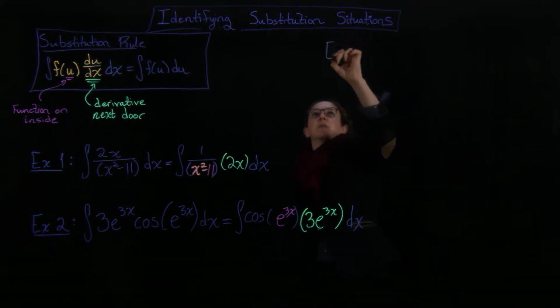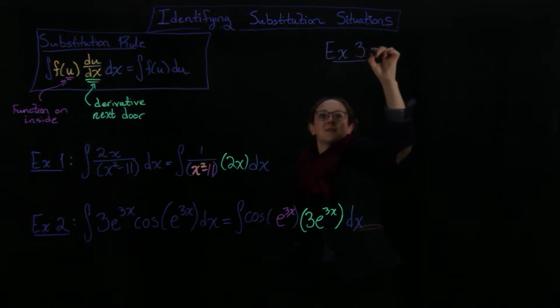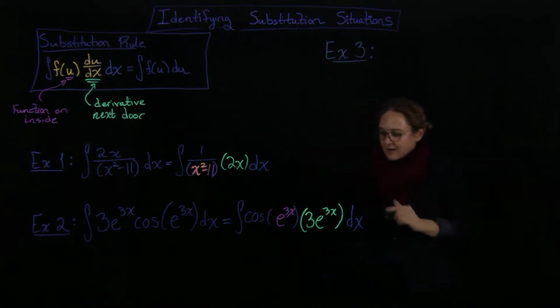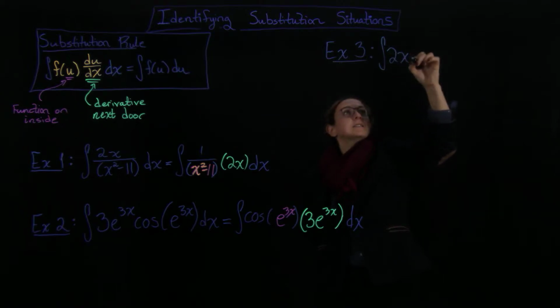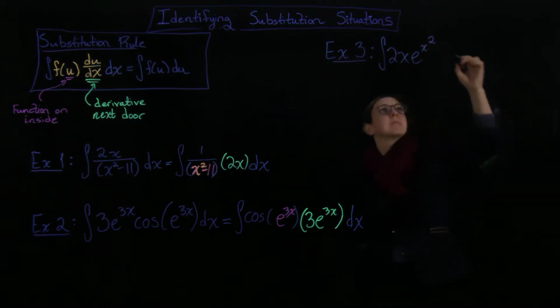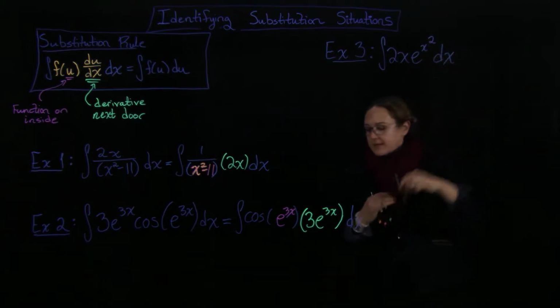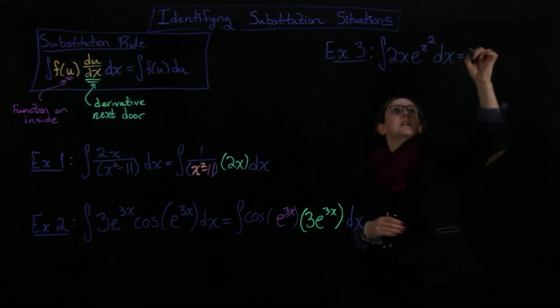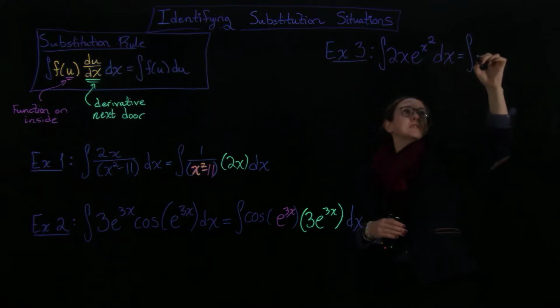Let's do one more of these, and then there'll be more examples that are fully worked out. This is just identifying what the situation looks like. So if I have the integral of 2x e to the x squared dx, again I want to write it so that it looks like there's an inside function to this outside function.